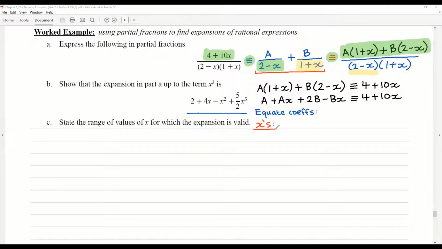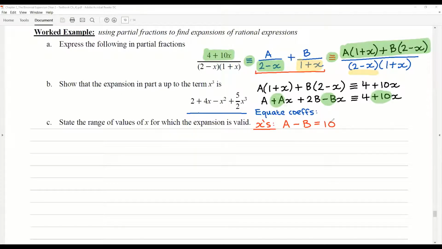Now, if I collect all the x coefficients together, well, we've got plus a subtract b, and that must equal plus 10. So we can write down an equation. So my first equation is going to be a subtract b is equal to 10.